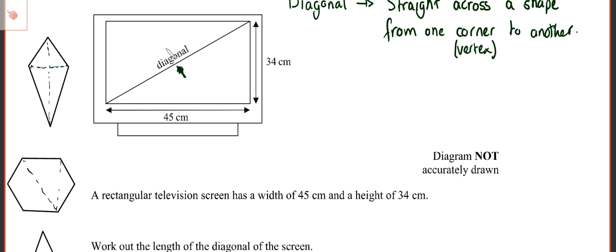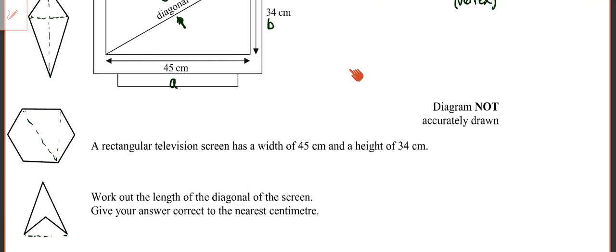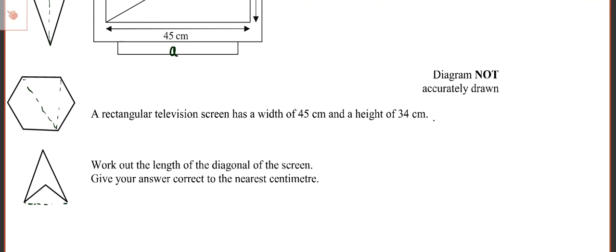So which one's which? The diagonal that we've got to work out is which letter? C. Oh, yes, see, it's the biggest one. Exactly, yeah. And then this one can be B, this one can be A, doesn't matter. We'll write that out.